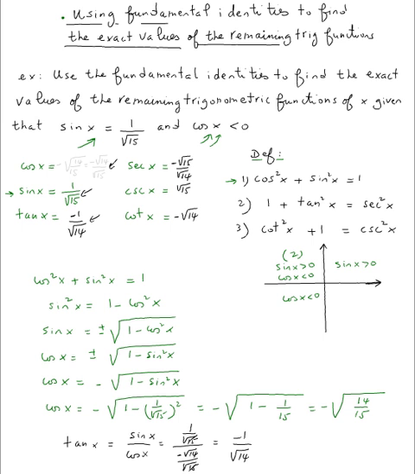So I'm going to go back here and write minus square root of 14 over 15. Or you can just rewrite it minus square root of 14 over square root of 15.